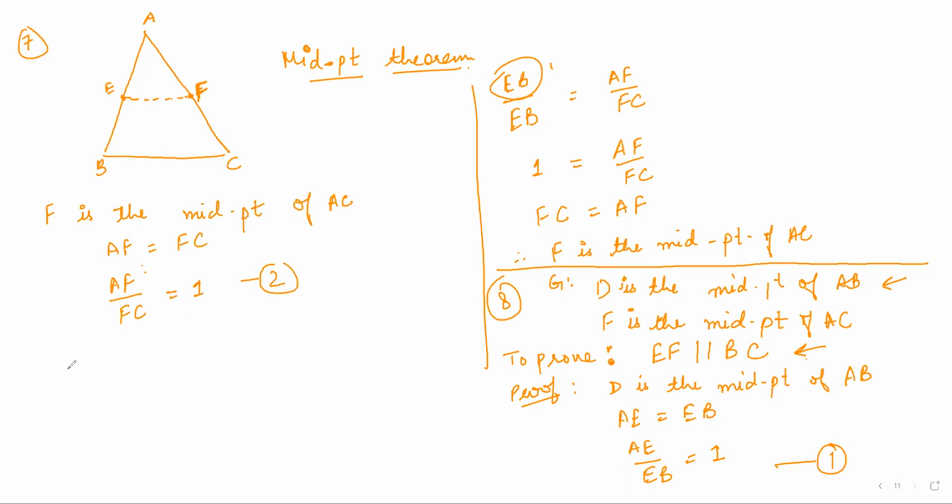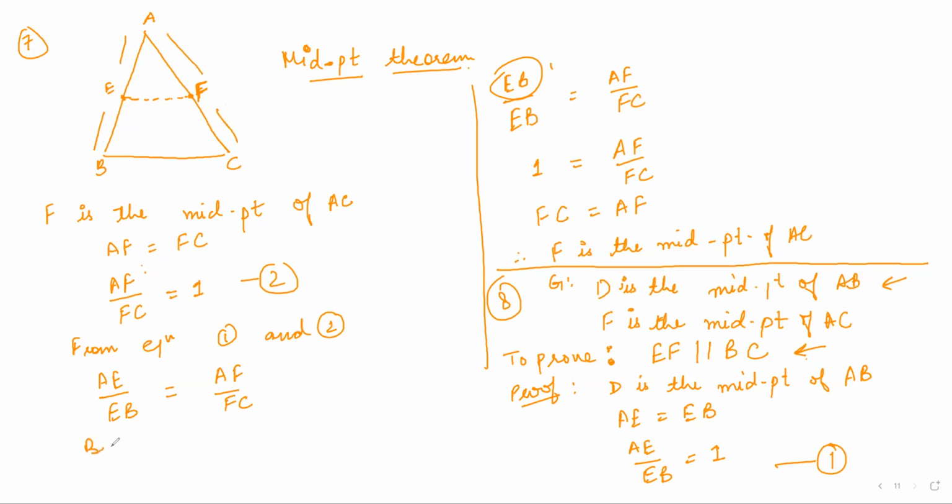Now if I compare 1 and 2, the RHS is 1 in both cases, so their left hand sides are also equal. So I can write that AE upon EB is equal to AF upon FC. Now I have got my sides in proportion.